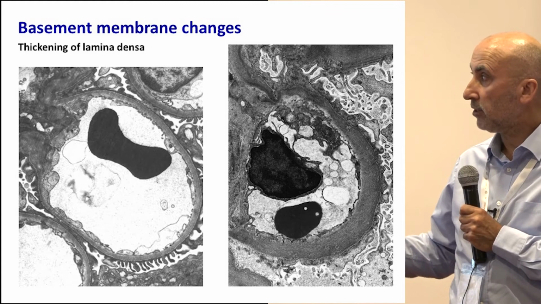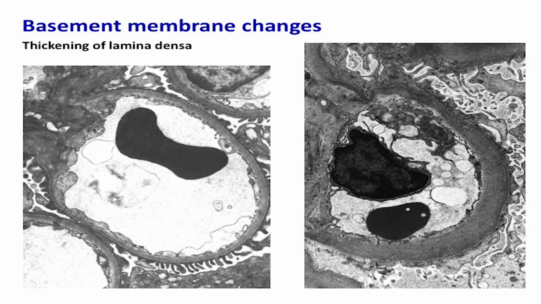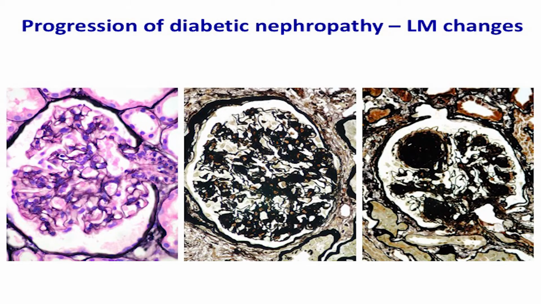So I've got two pictures here, one normal basement membrane on the left, and at the same power on the right, a diabetic glomerular basement membrane, marked thickening from around about 300 nanometers to easily over a micron in thickness. And this is clinically significant and does correlate with progression.